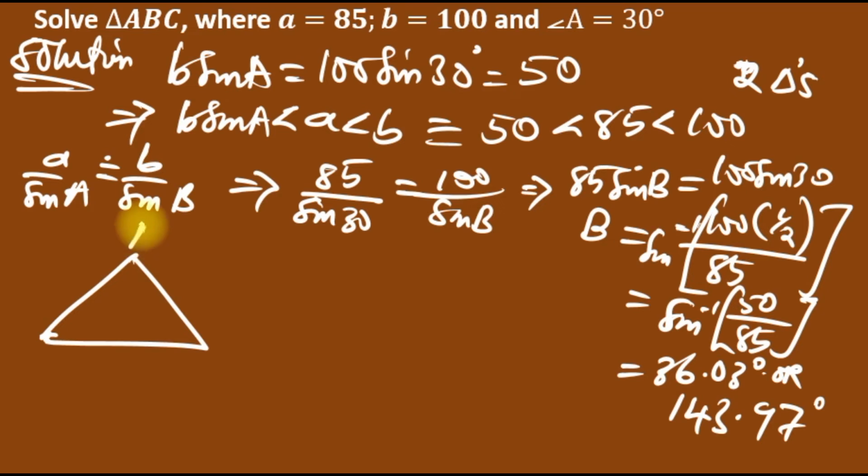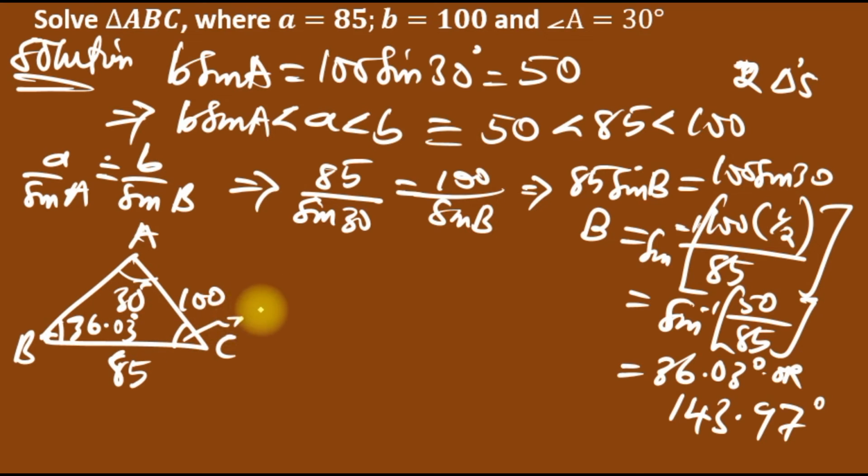Let's say here is A, B, and C. a is 85, b is 100, and angle A is 30.